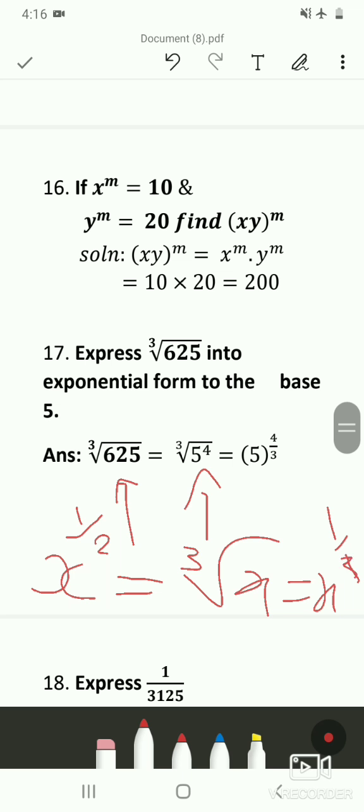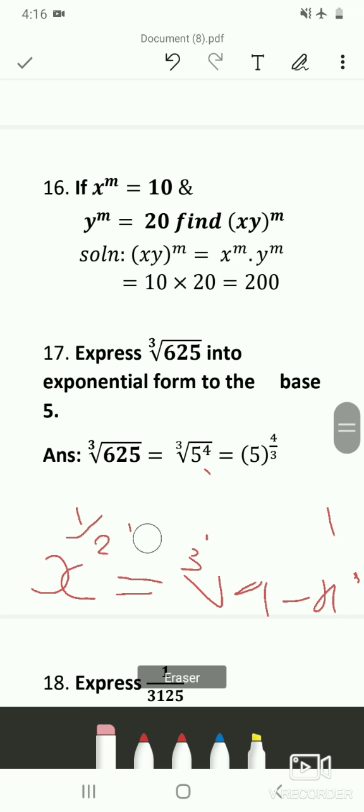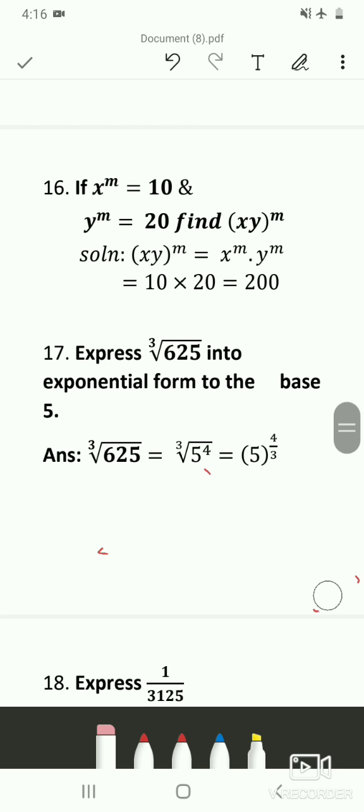Using this we have written this step as 5 raised to 4 by 3. So you have expressed the given term in the exponential form to the base 5. So this is the answer.